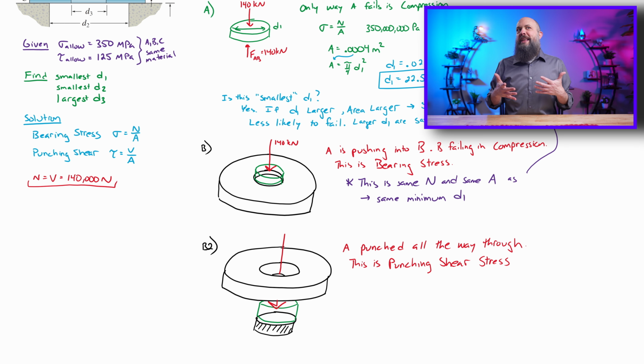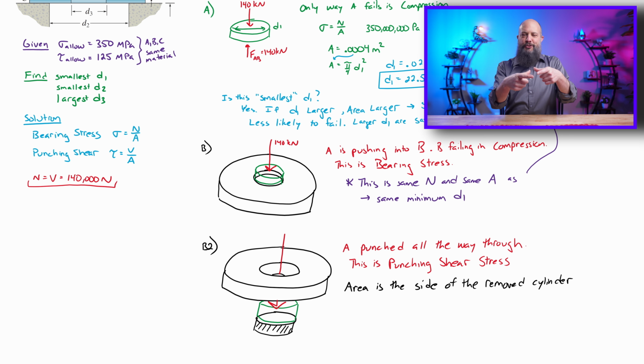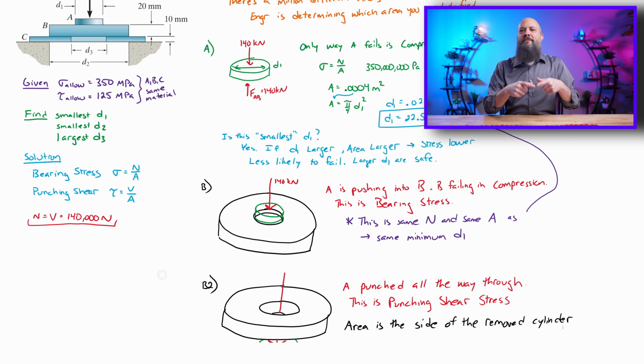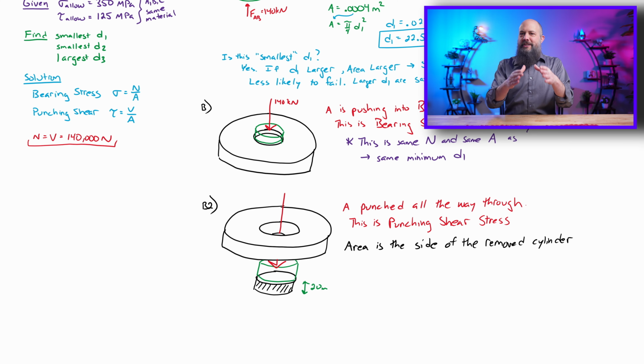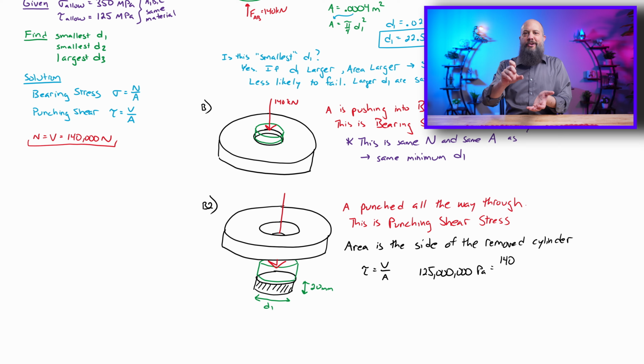In this case, the surface area that is affected is the outer surface area of that central slug. The surface area of the round outer part of a cylinder is the circumference of the cylinder times the height of the cylinder.